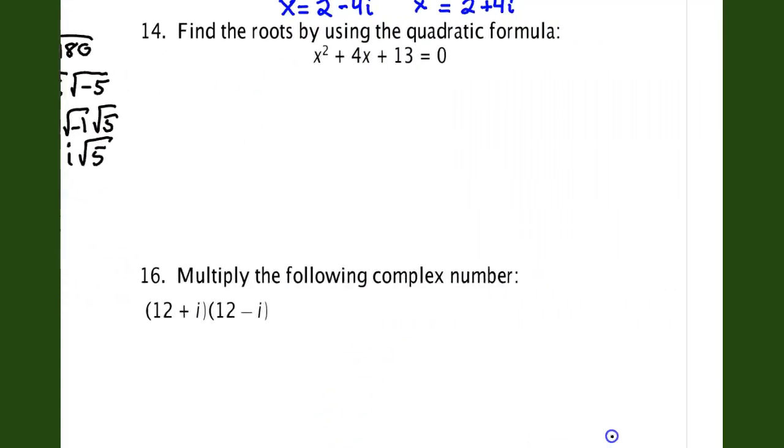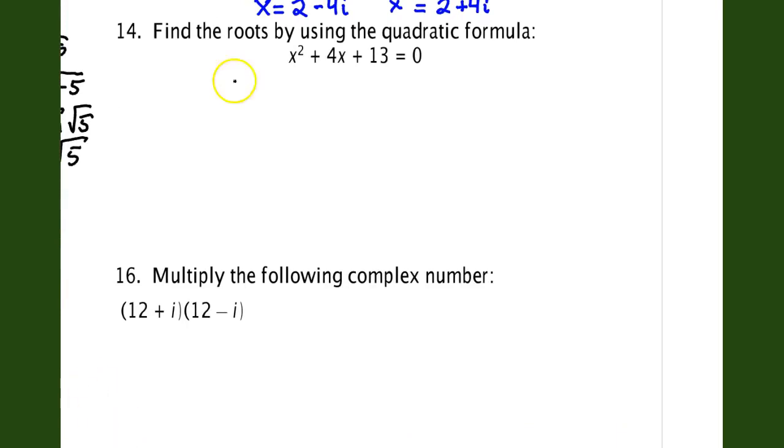All right, let's look at one more of the quadratic formula. Okay, so let's plug this in. We'll have x equals, we'll use 1 for a, 4 for b, 13 for c. So we'll have negative 4 plus or minus the square root of 4 squared minus 4 times 1 times 13, all over 2 times 1, which is 2.